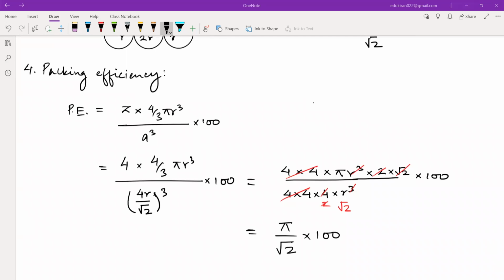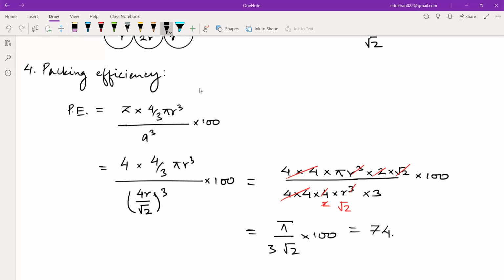Did I leave something else here? Wait a second, this is not right. Something has gone wrong here from my side. Sir, it will be, into 3 is 4 remaining. Yeah, into 3 is remaining, right. Here we have then pi upon 3 into root 2. So this will be 74%, no?